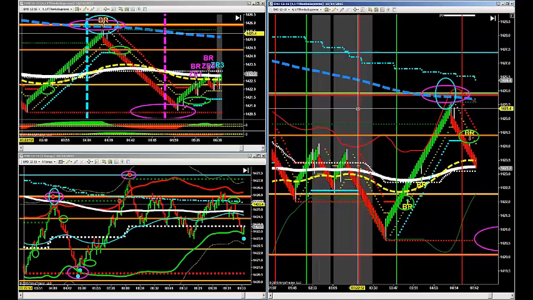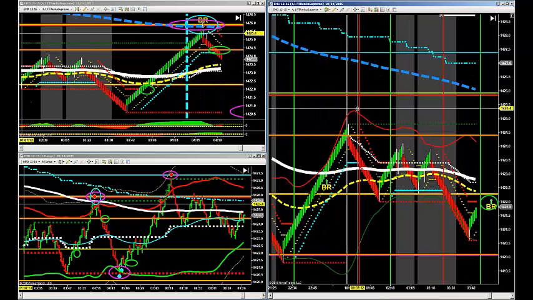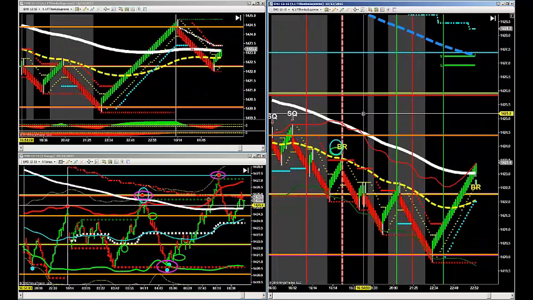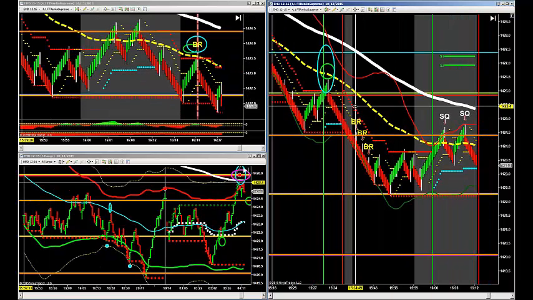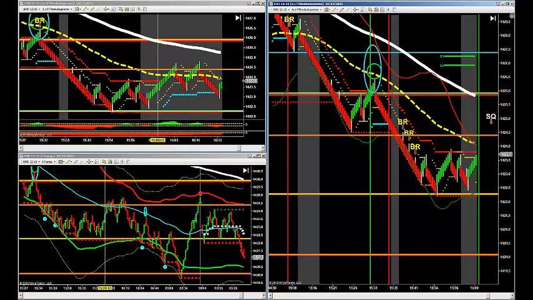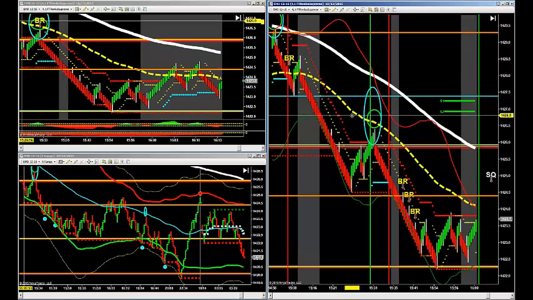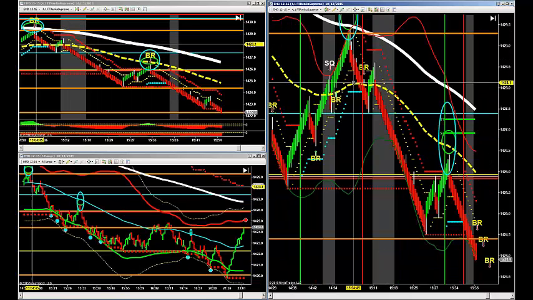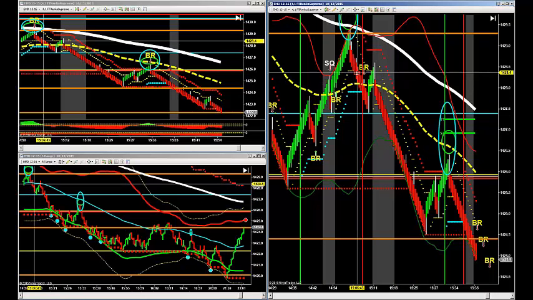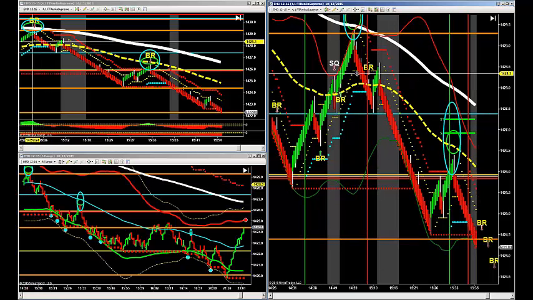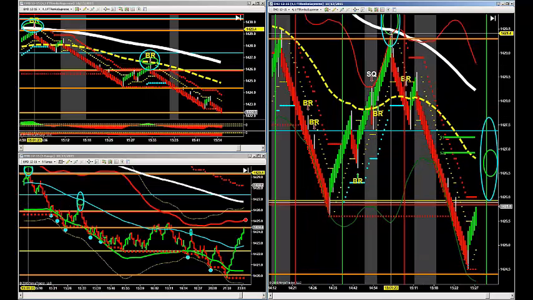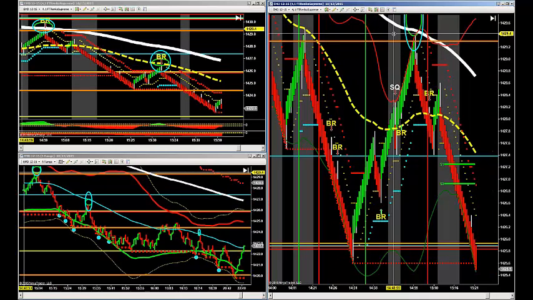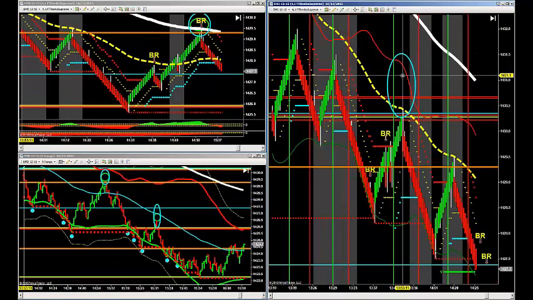So that's the synergy that I'm talking about. Now you may go for an hour or two and not see a great signal on one of these 3 charts. But generally speaking, it's not going to be a whole lot of time gone by where there's a trending signal right there, another trending signal right there, and it just kind of keeps going on like that.